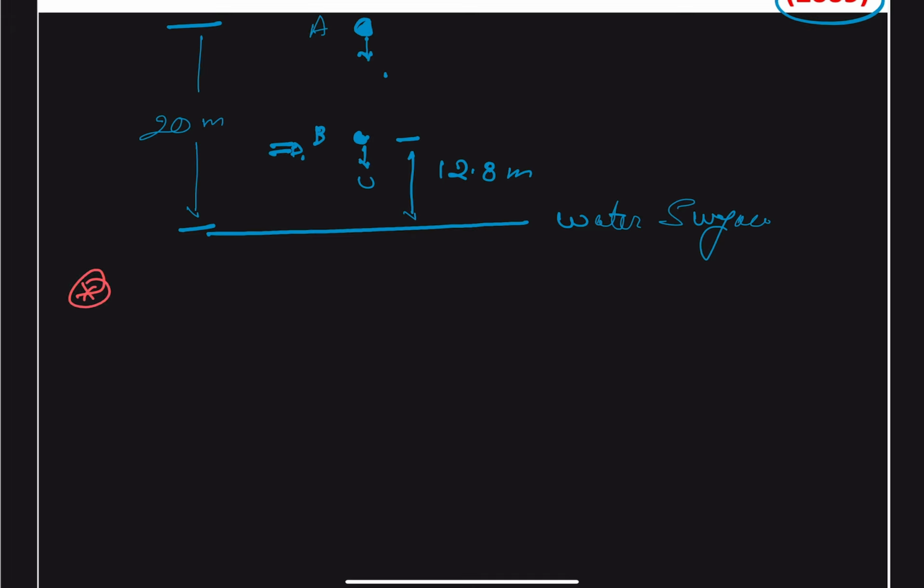Using this equation, v square minus u square is equal to 2as, and this is our s, and s will be equal to 20 minus 12.8, and this comes out as 7.2 meters.